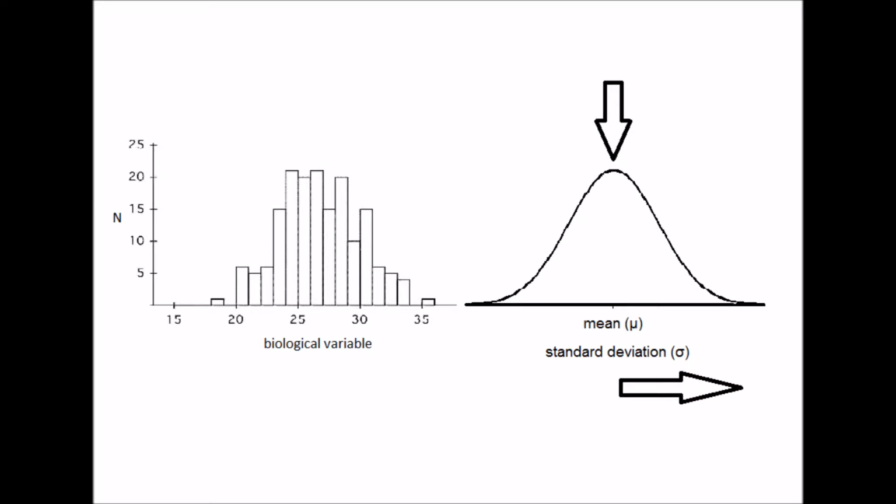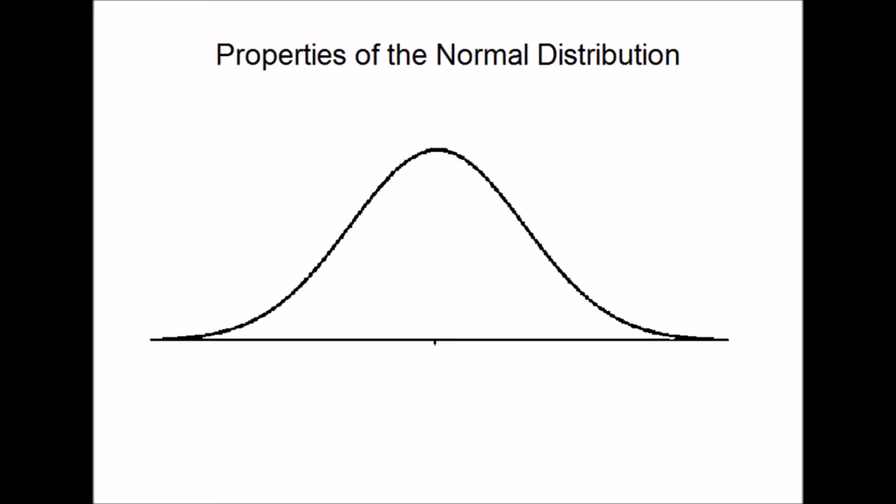There are an infinite number of normal distributions, but they all share several properties. The values always range from negative infinity to positive infinity. Because these distributions are continuous, the probability is measured by the area under the curve rather than the height of the curve.